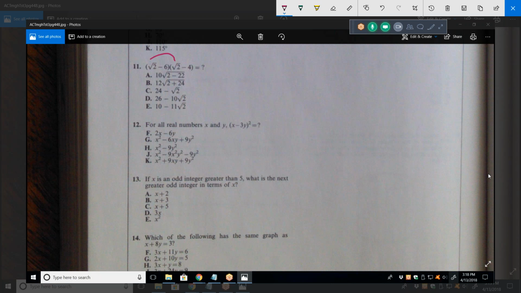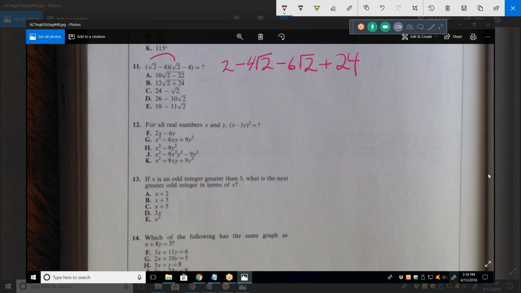So square root of 2 times the square root of 2 is square root of 4, which is 2. And then -4 square root 2. And then -6 square root 2. And then positive 24. Okay, now I don't see that answer on there.